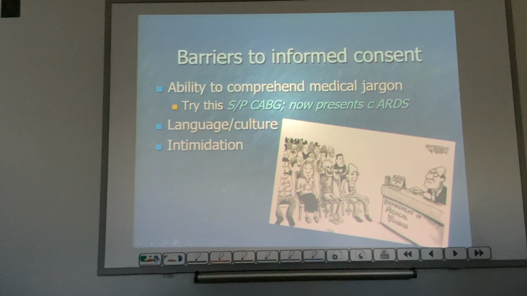Or there may be forms, depending on what healthcare entity you have, that are primarily in Spanish, since that's another popular language here in the U.S. So you may want to provide them the consent form in that language. Or if you don't have one readily available that's already translated, have an individual come and translate for them.